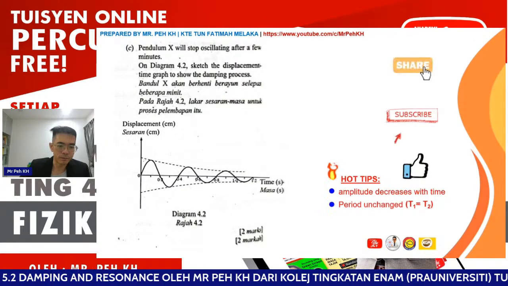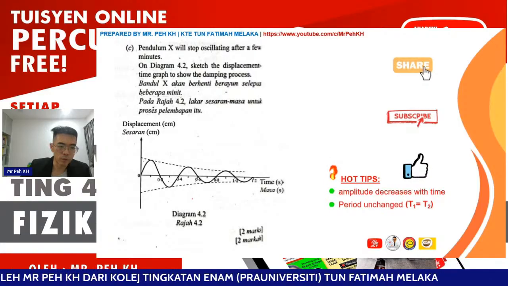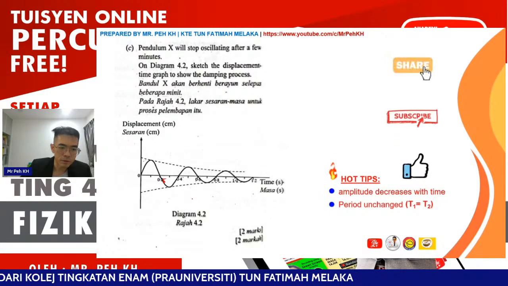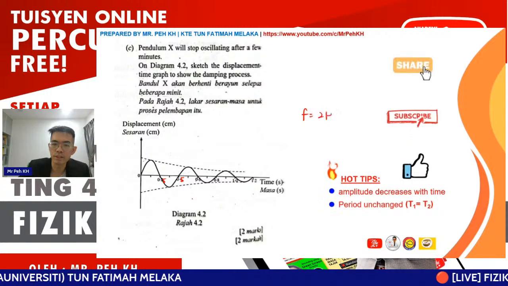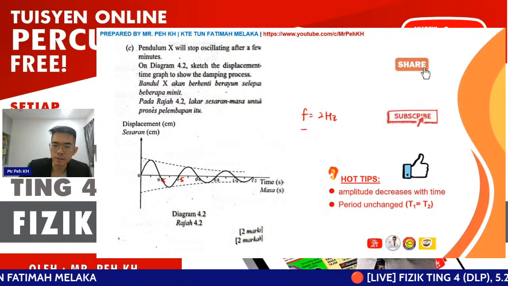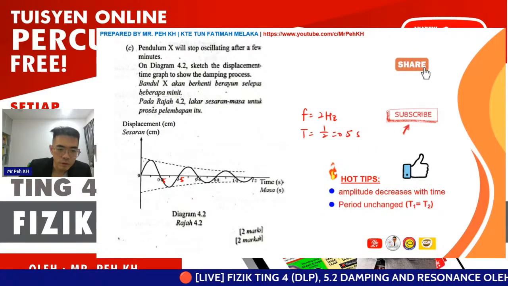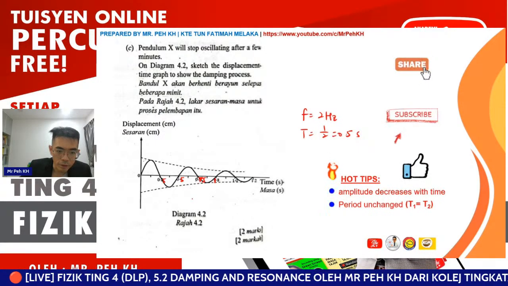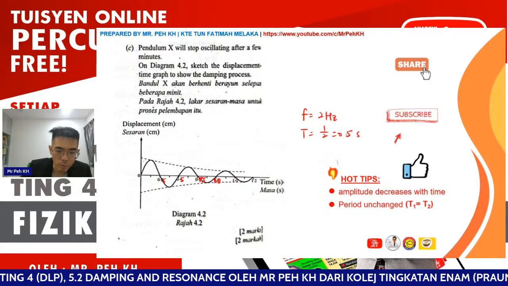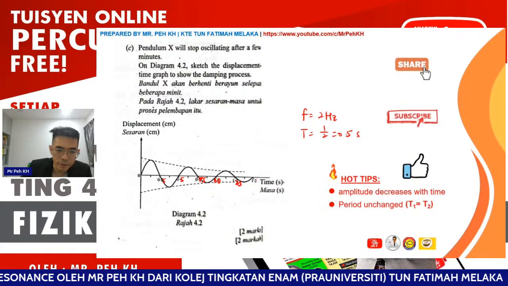But the time taken here must be changed. There is a mistake here, everyone. Here it should be 0.5. Why? Because the frequency given is 2 hertz, then the T will be 1/2, which is 0.5. So here will be 0.75, 1.0, this will be 1.25, and this will be 1.5.